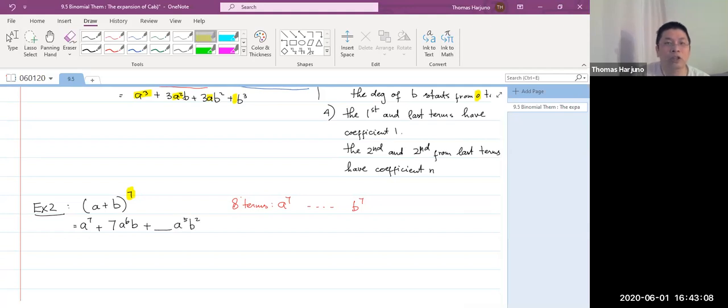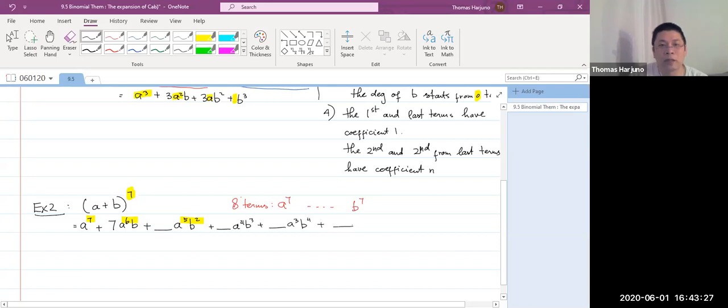Notice that the total exponent is still 7. Plus something a to the 4th b cubed plus something a cubed b to the 4th plus something a squared b to the 5th plus something a b to the 6th plus b to the 7th.